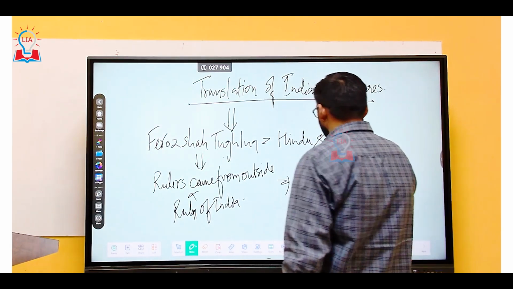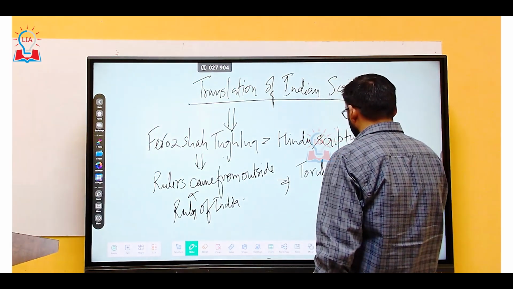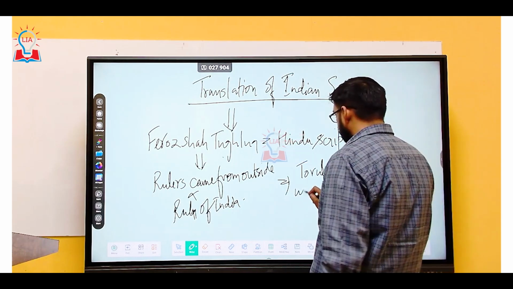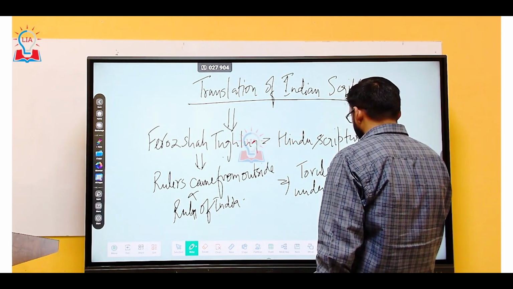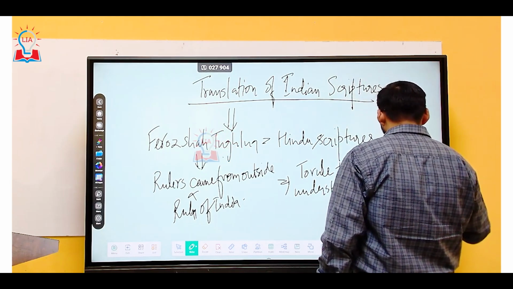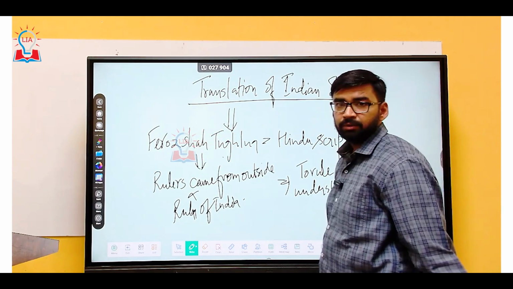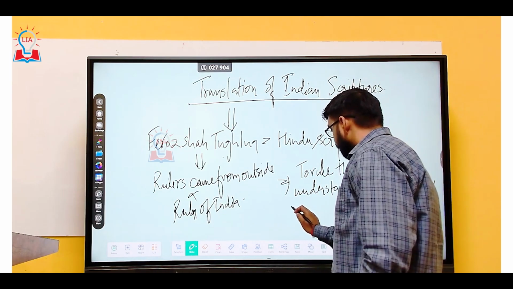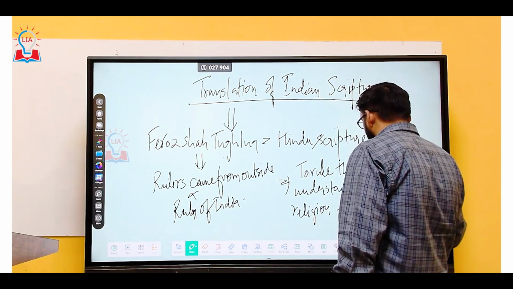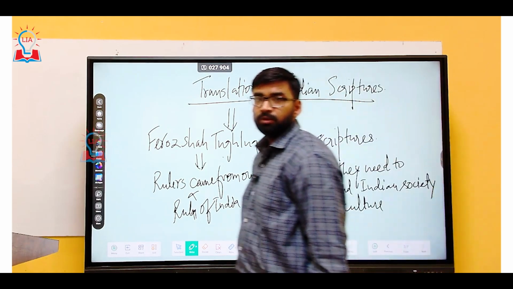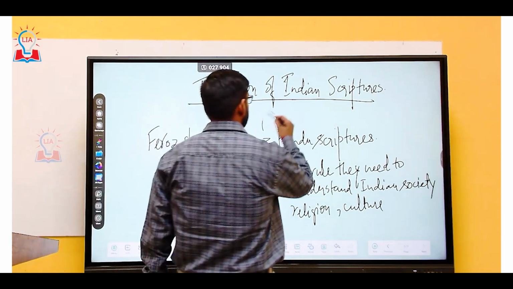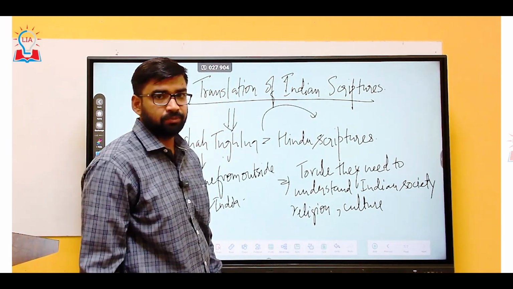So to rule, they need to understand Indian society. They need to understand Indian religion. They need to understand our culture. Getting my point? That is why they started translating Hindu scriptures.